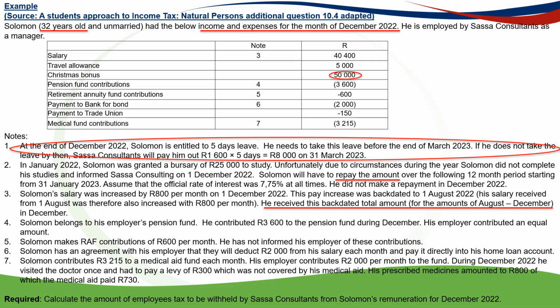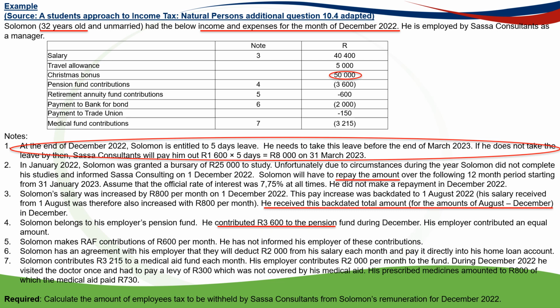It's only taxed when he was paid out, and it will also be excluded from the monthly remuneration because Solomon is not going to get 4,000 Rand a month now for each month following December. He's only going to get 800 Rand more each month after that. So that 4,000 Rand must be excluded.